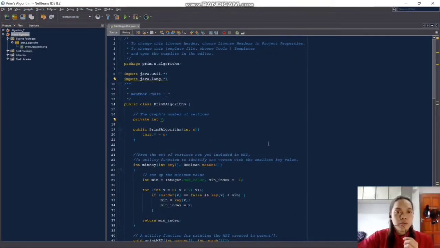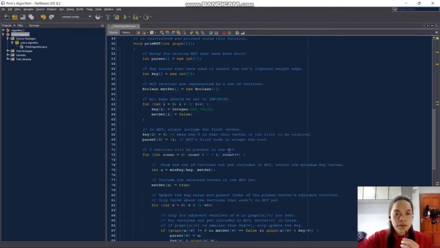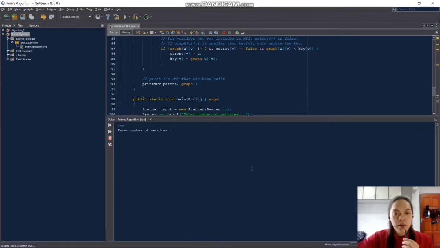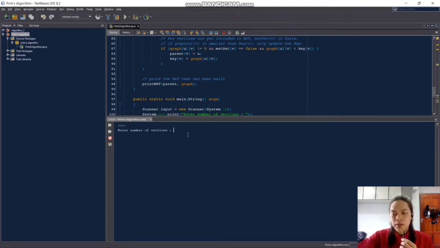Alright, so next we go to our coding. This is our coding for Prim's algorithm to find the MST in the graph using the Prim algorithm. So let's run the coding first. If we run the coding, it asks us to input the number of vertices. Let's say I want just 4 vertices, and input the weights.